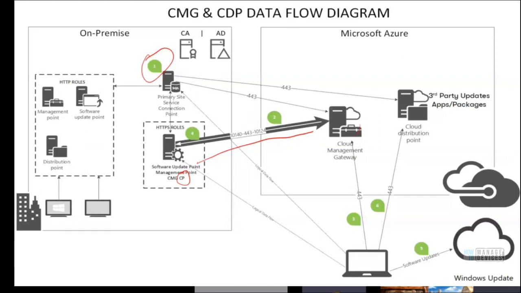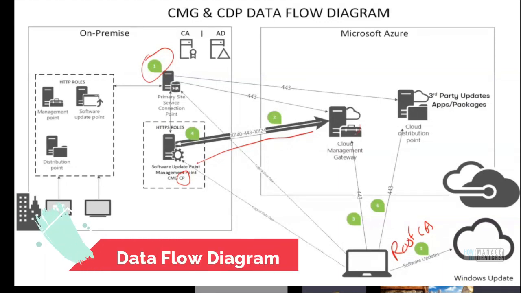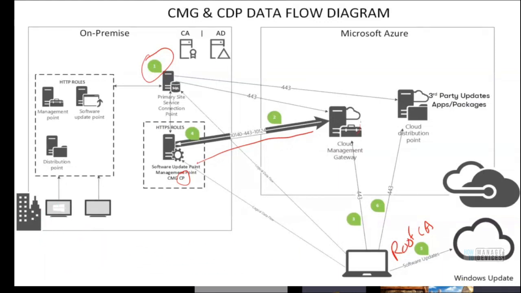So if you are using a PKI infrastructure, you need to have a root CA here. Without the root CA, you will not be able to connect to the cloud management gateway if you are using a PKI certificate on the cloud management gateway.